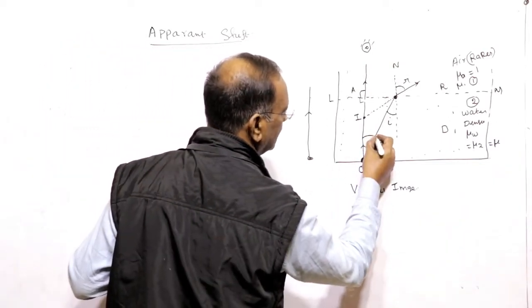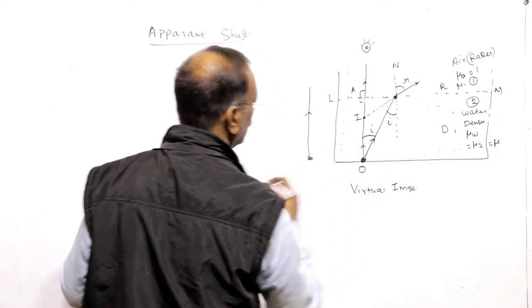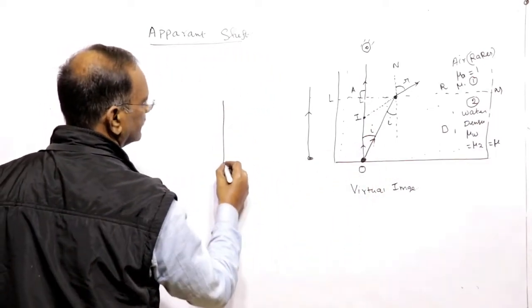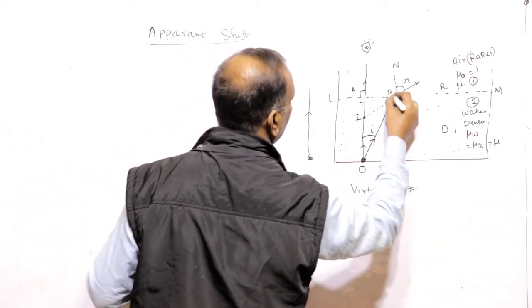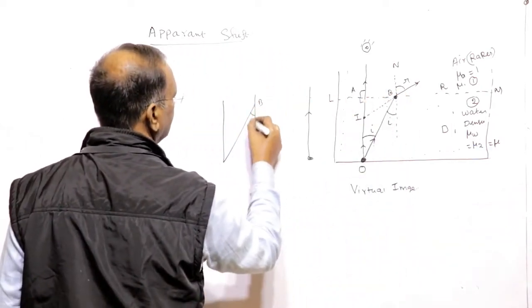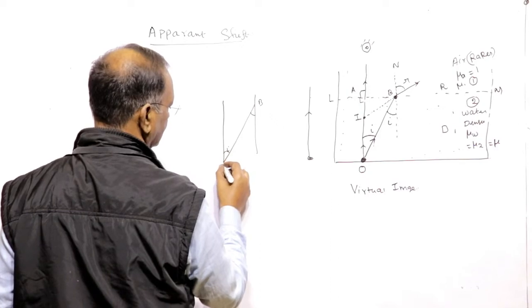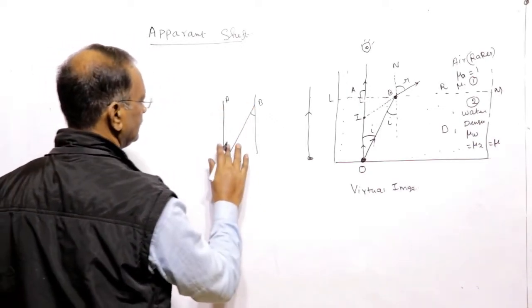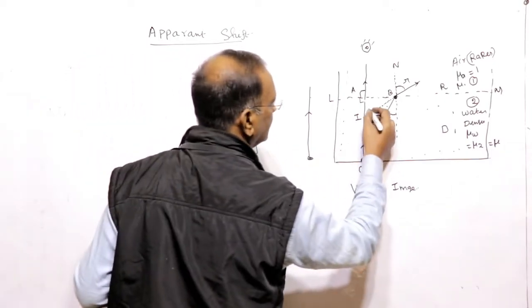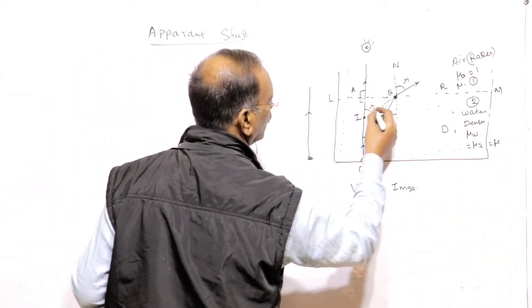Now what is this angle? This angle will again be I. Why? Because we can call this B. So at B, this is I, and this will also be I. That is, at O, this is E. So again, this will be I. So this is I, and this will be R. Why?